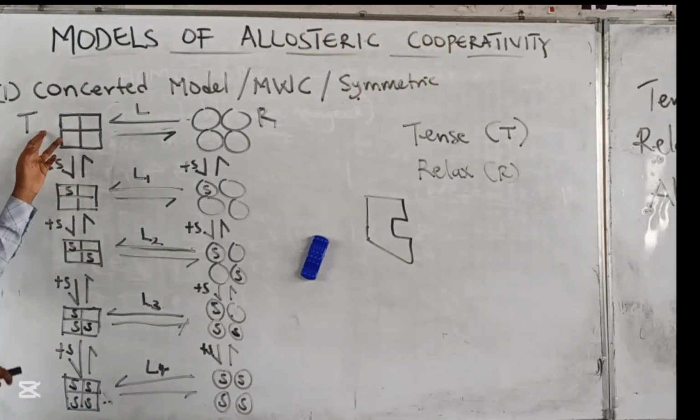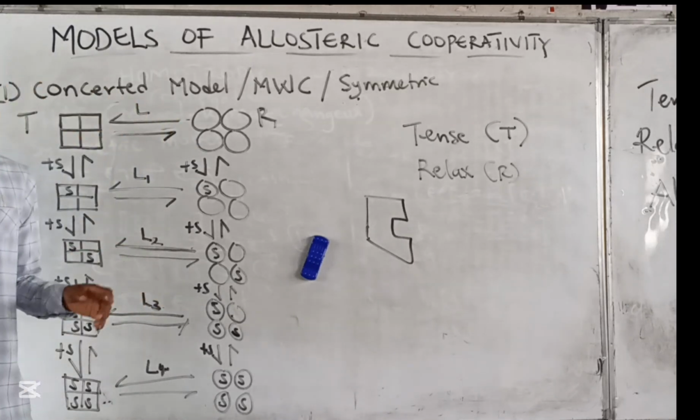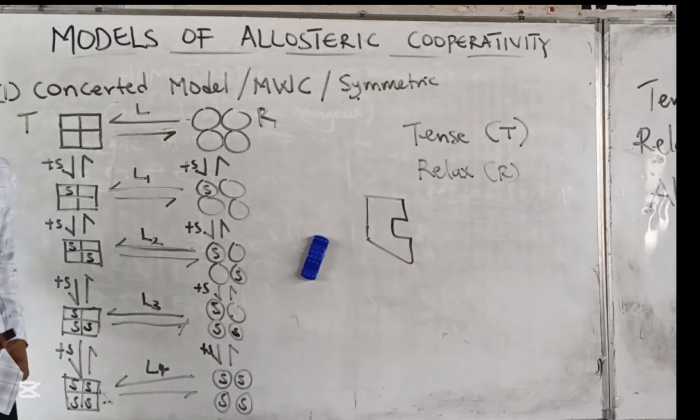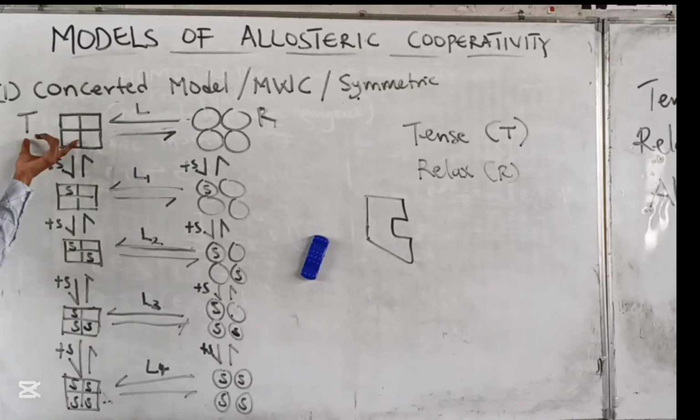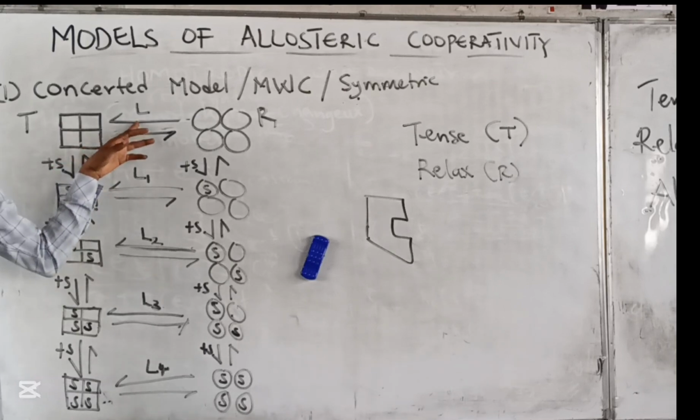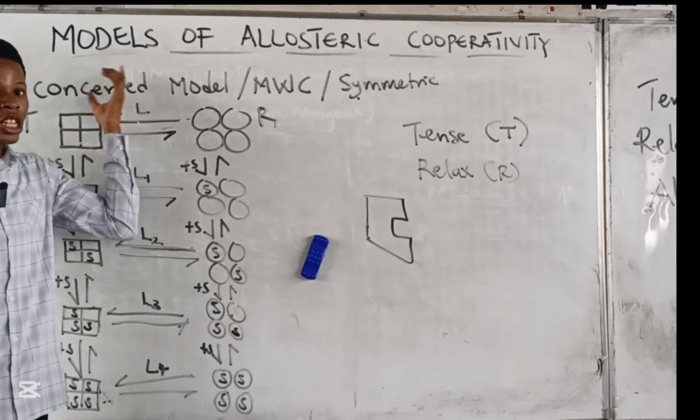Now, a box is used to represent tense states, and a circle is used to represent relaxed states. If you look at this protein here, is it in the tense state or relaxed state? Tense state, right? Why? Because no ligand is bound yet. But if a ligand binds, it will change to the relaxed state.